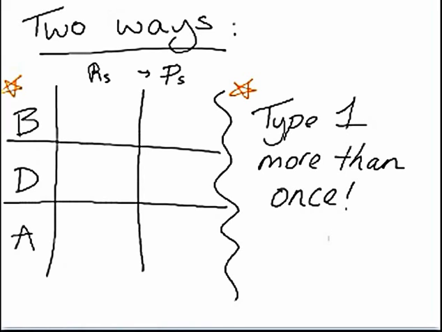And the other way, which I'm going to explain today, is really easy. It's basically using the type 1 method more than once to answer a type 2 question, and usually it's just twice. So this is the one I'm going to explain today, not that one.